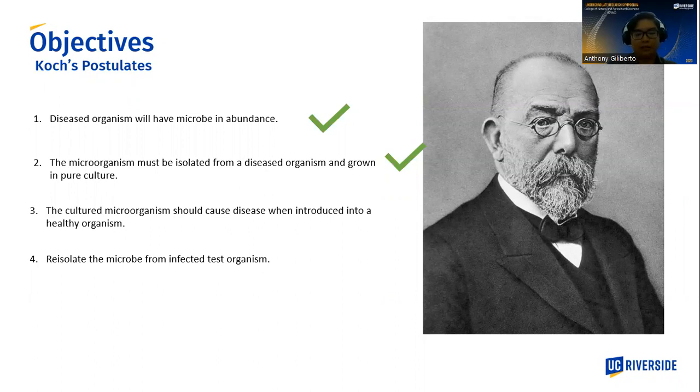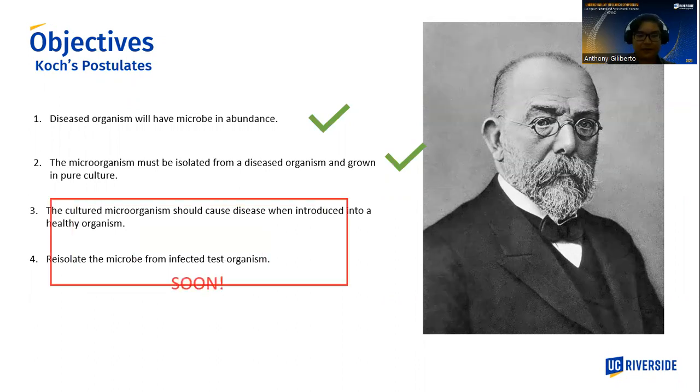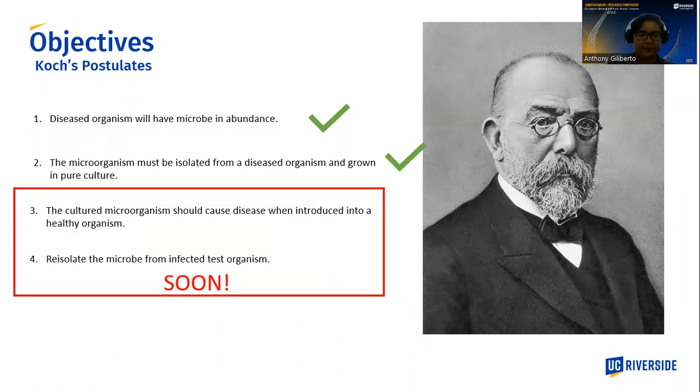The colony group will be inoculated with all the bacteria at once, and the individual group will be inoculated with individual bacteria. So hopefully objectives 3 and 4 will be completed very soon.